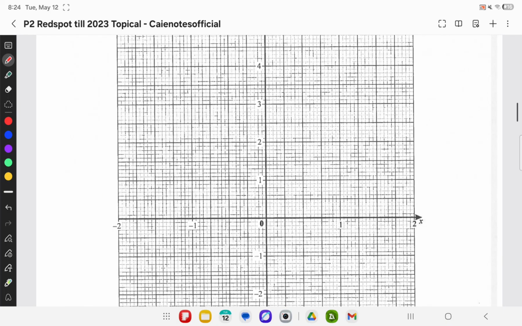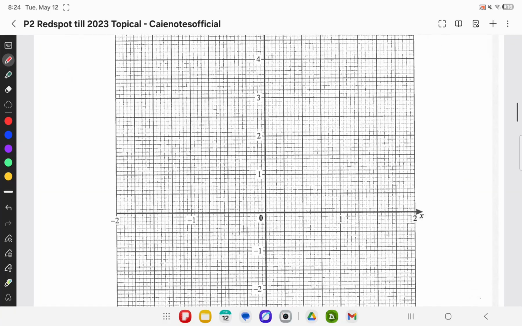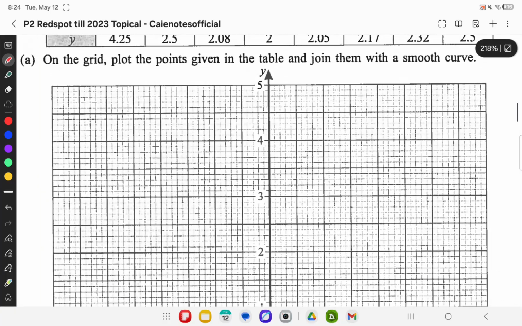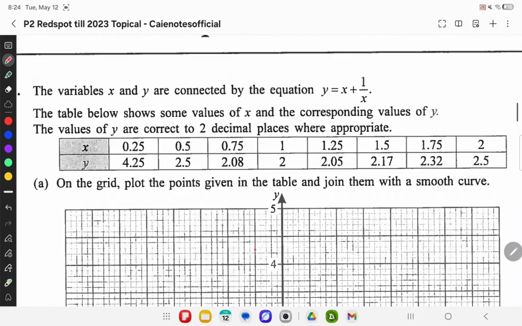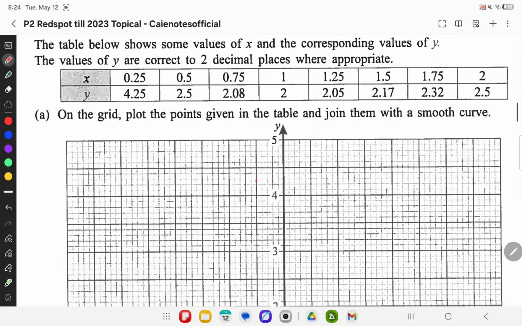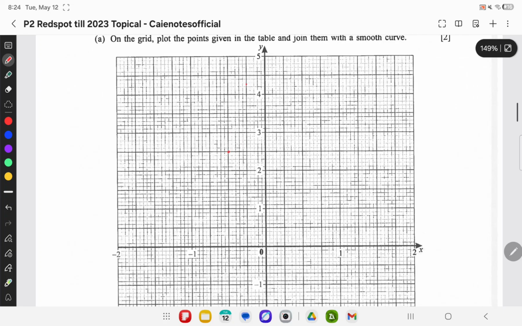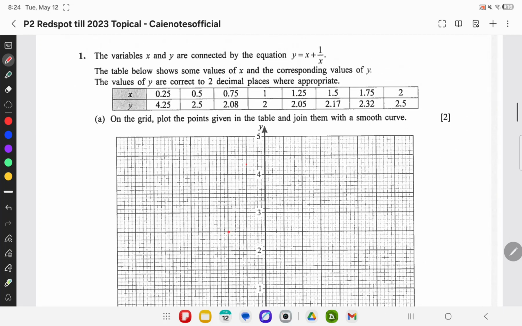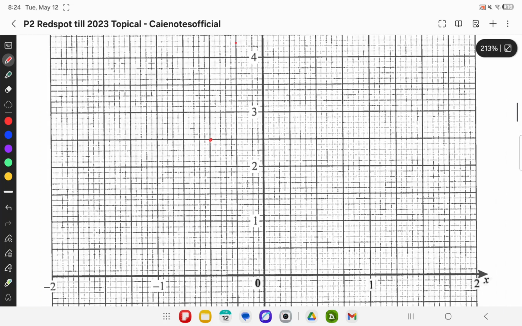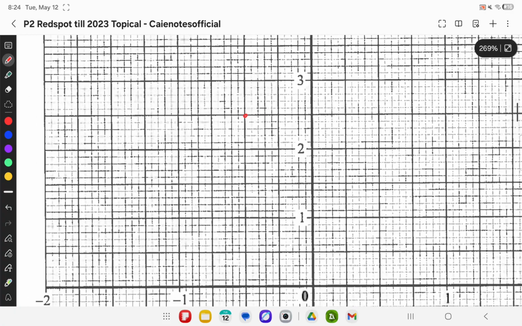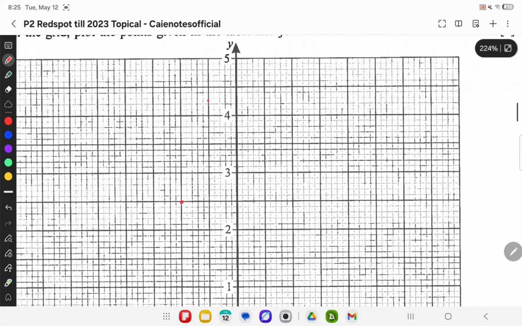X for 0.25 is 4.25, around about here. Now 0.5 is 2.5. For 0.75 it's 2.08, around like 2.1. Oh my god, I'm doing it wrong.